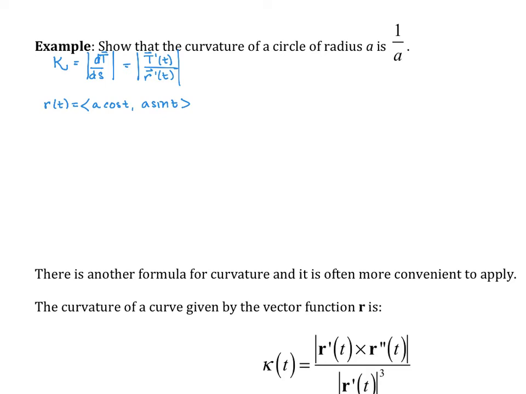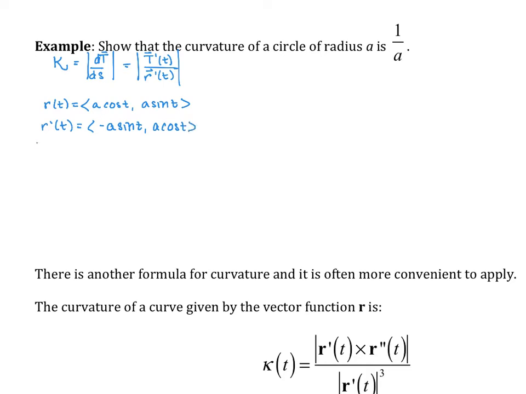So if we go through this formula, we might want to find the derivative of this first, and that would give us negative a sine of t and a cosine of t.